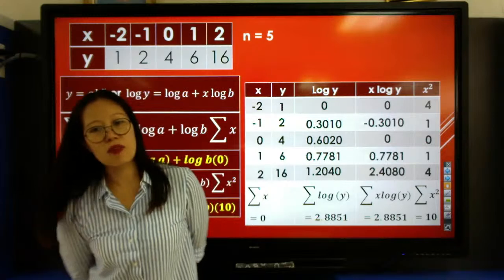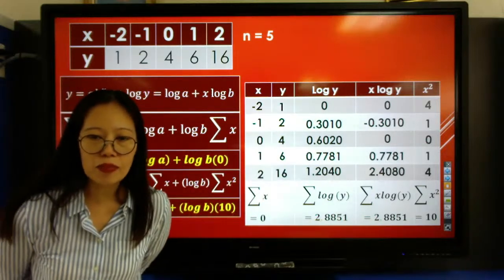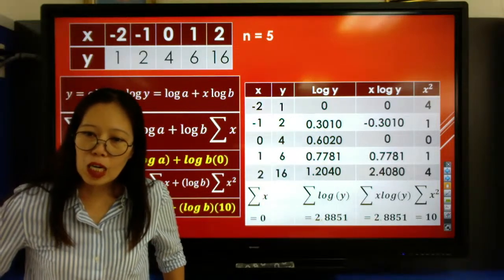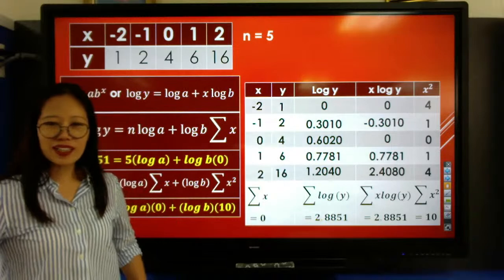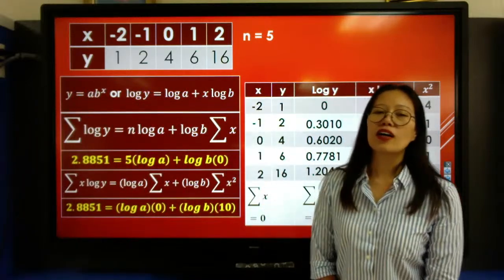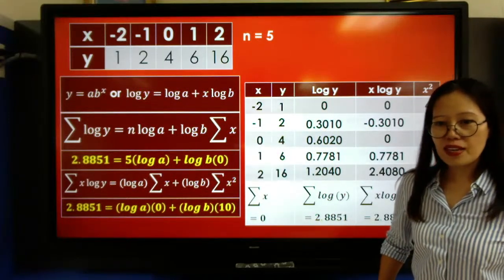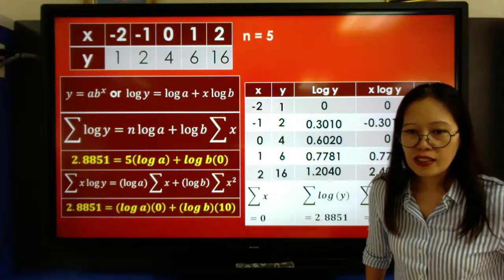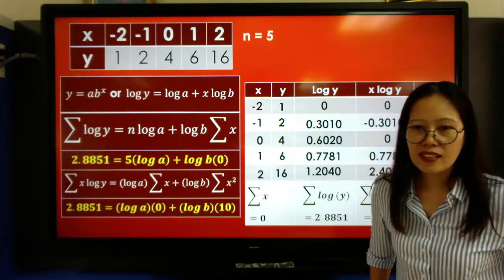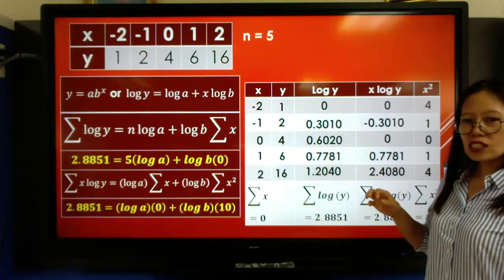After finding our two normal equations, what's the next step? Who can tell me the next step? Hello? Are you still there? Okay, let's see if you know the next step. After finding the two normal equations, next we will find the constants.